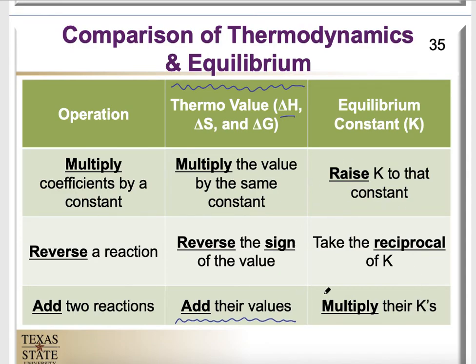I'm putting this here because we're getting close to the final exam, and in the final exam you're going to have to be doing both of these calculations. So it's really important for you guys to see the differences right now in what you do if you're working with a thermodynamic variable versus if you're working with an equilibrium constant, okay?